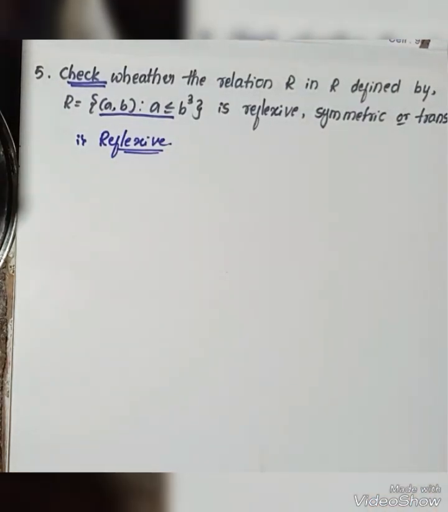Let's consider the main examples or the main values of these questions. For example, while taking (1, 1), it is reflexive. For (2, 2), is it reflexive or not? No, it is not possible.